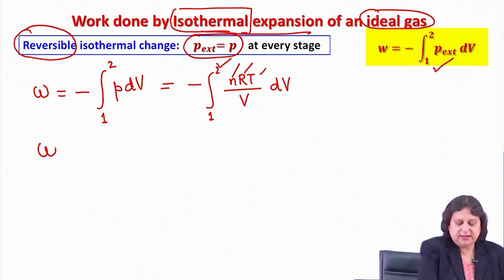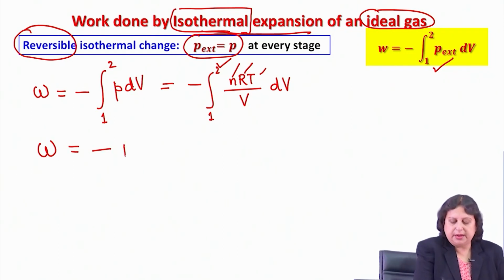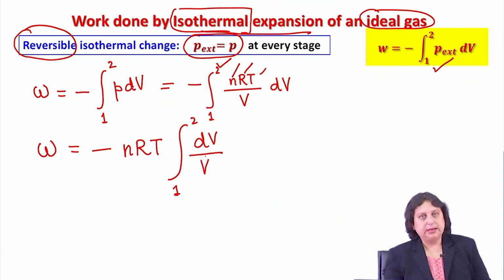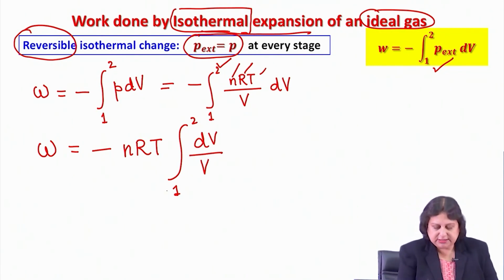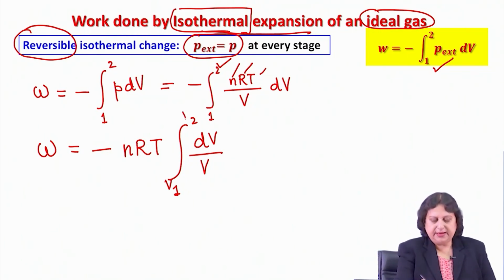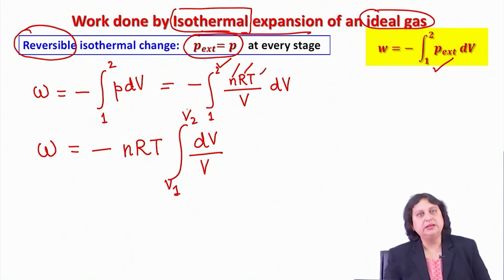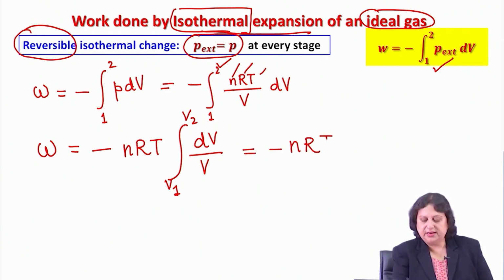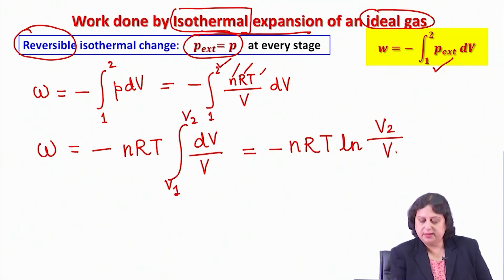Therefore I can write that W is equal to minus nRT integral 1 to 2 dV by V. Clear? Now, in the initial state, the value of the volume is V1, and in the final state, the value of the volume is V2. And therefore, I can very easily write down that the result of my integration is nRT ln V2 by V1.